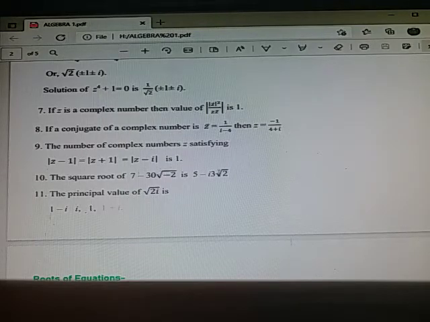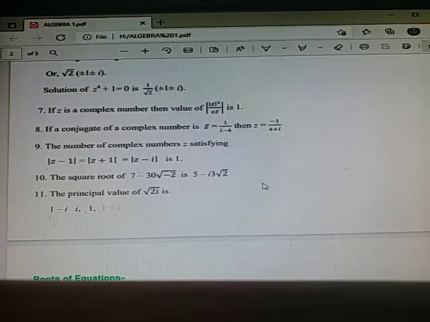Then the square root. It goes by the formula, you see these things. Then the principal value of 2i. This is one question that was given. Principal value means whenever we have a z or any value, square root means there are two values, one positive, the other negative, and they are asking only for the positive part, the principal value.